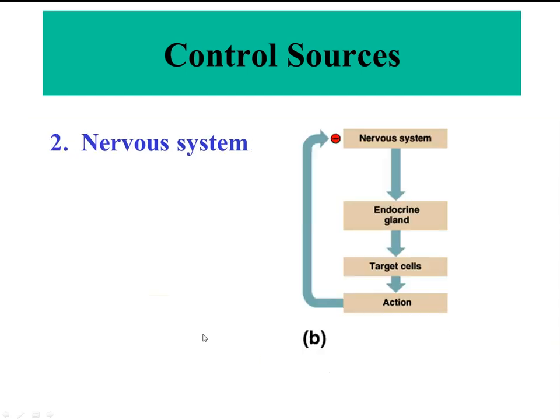Another source is the nervous system. Now, throughout your body, you have receptors, chemoreceptors.